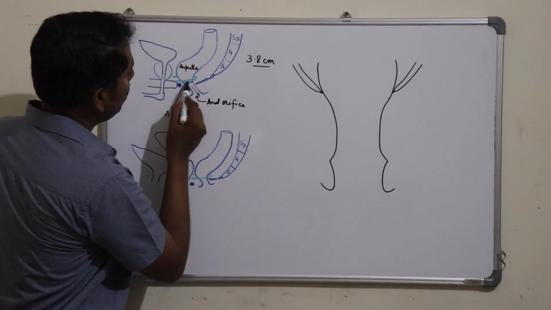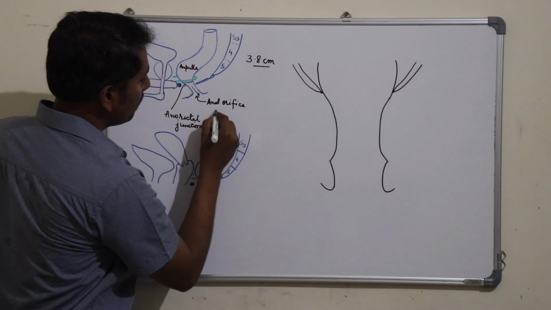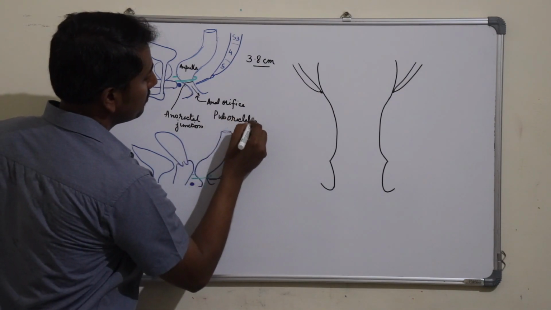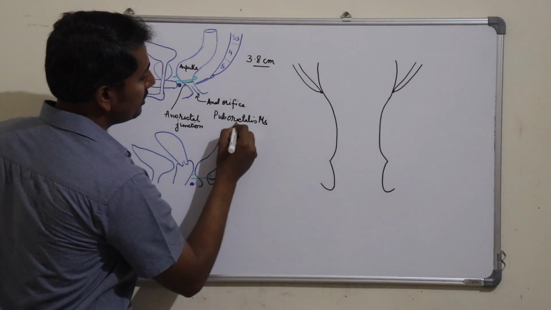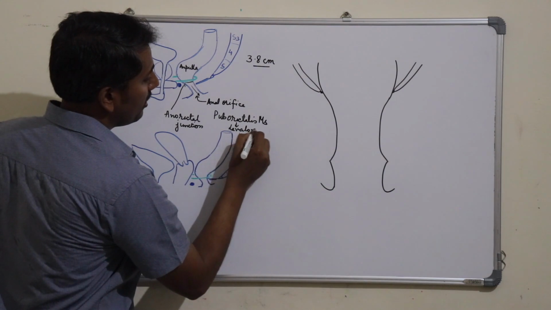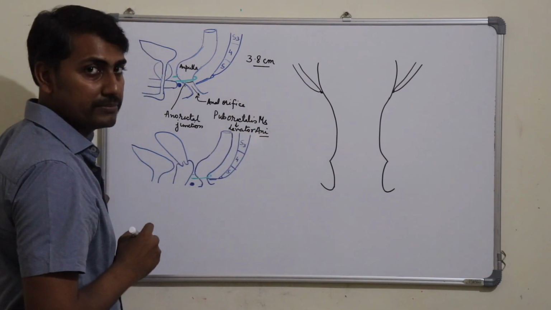This is the puborectalis muscle. This green structure is the puborectalis muscle, which is part of the levator ani muscle, which is forming the pelvic diaphragm.